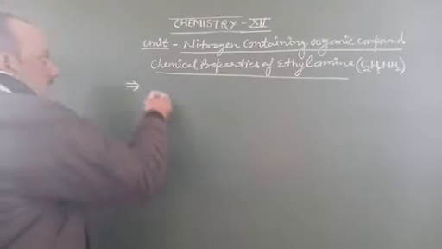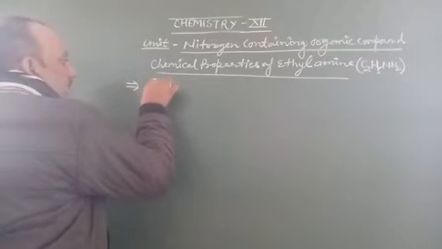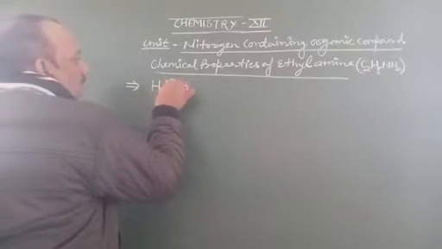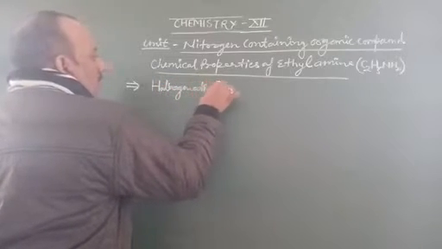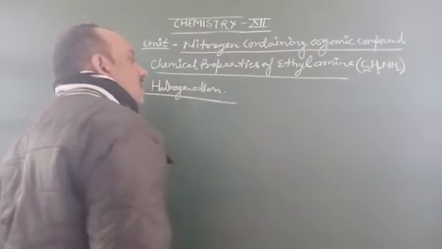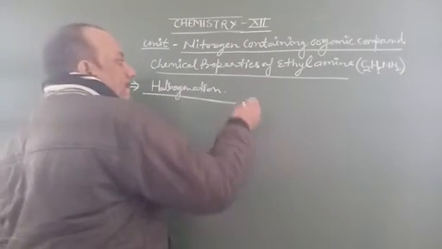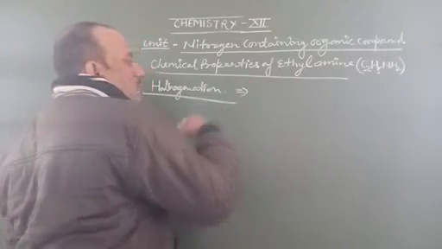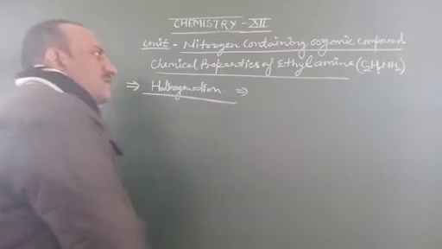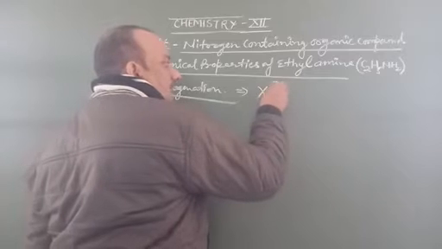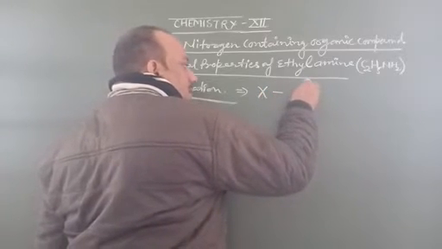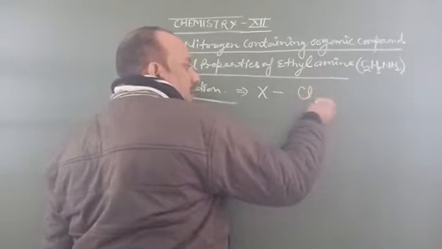So here we take a chemical reaction named halogenation. Halogenation reactions are completed with halogens. Students, you know that the common symbol of halogen is X. In X, we use chlorine, bromine, iodine.